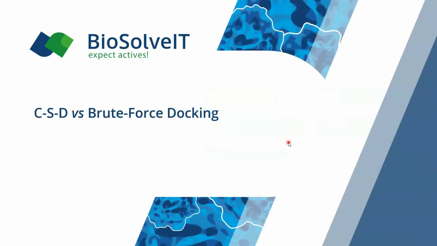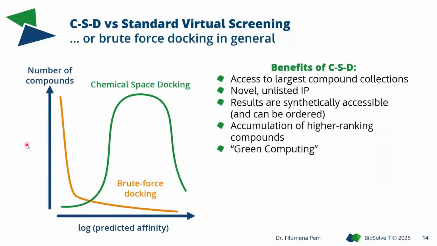All right, it's all fun and games. It sounds like a beautiful fairy tale until now, but you would ask yourself, why would I go from my standard traditional docking approaches to chemical space docking? Let's see if I can convince you. The standard virtual high-throughput screening starts by docking a huge number of compounds, as shown here in orange.